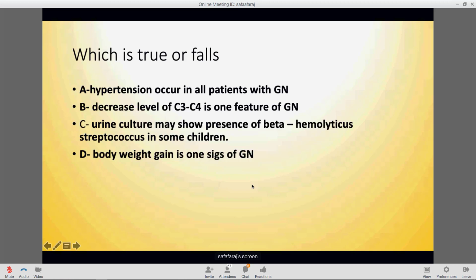C. Urine culture may show presence of beta-hemolytic streptococcal in some children. True. D. Body weight gain is one sign of glomerulonephritis. True. Doctor, read me the C again.